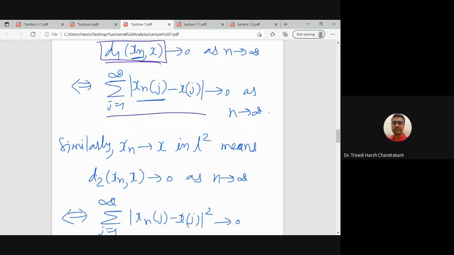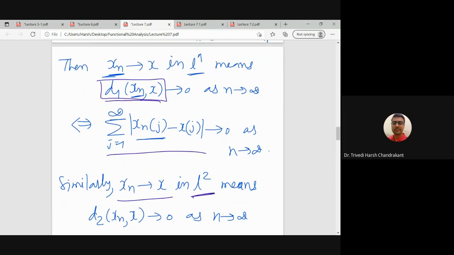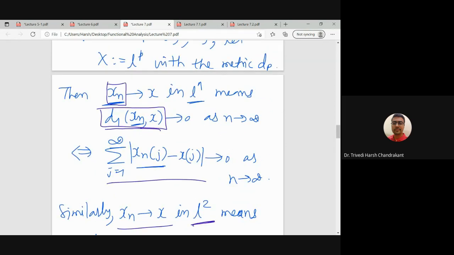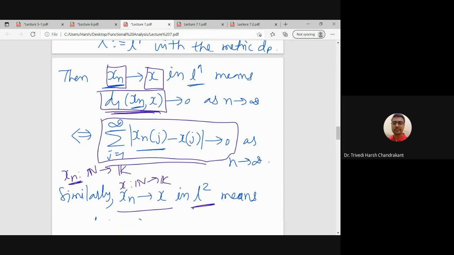Similarly for L2: what is this sequence? Each x_n is a function from the set of natural numbers to K. So if x_n converges to x, that means this condition holds, and the meaning of that is this one by the definition of d1.